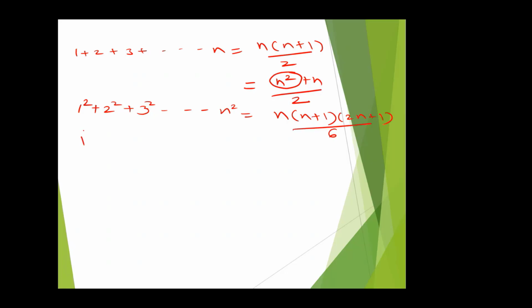Then similarly, we also had 1 cube, 2 cube, 3 cube, up to n cube. And that will also be some equation in terms of, let's say, n raised to, I think it's square.